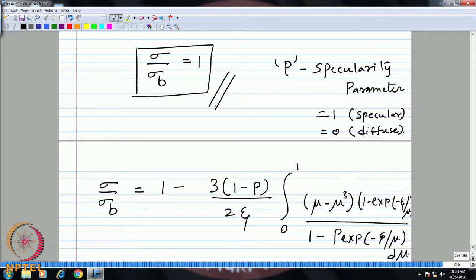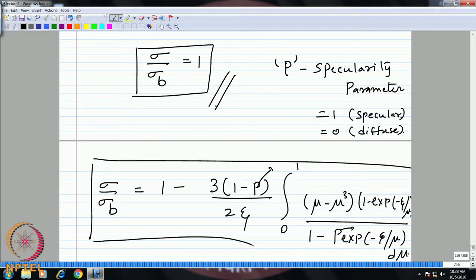okay. So, you have the specularity parameter P appearing in these cases. Okay. When you put, for example, P equal to 1, this entire term disappears and you get your other expression. If P equal to 0, you get back your diffuse scattering expression. Okay. So, this is also a very generic case for different values of specularity parameters.